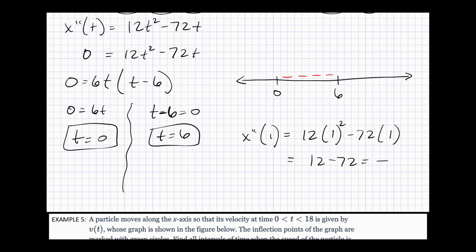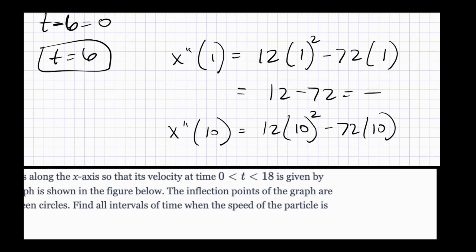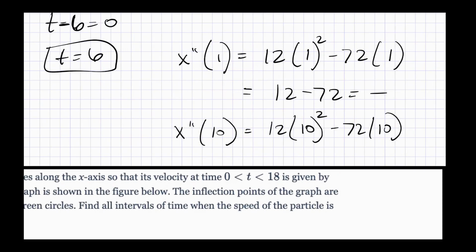Okay. Pick a bigger number, 10 again. So when I plug in 10, 12 times 100 is 1200, minus 72 times 100. 72 times 10 is just 72 with a 0. So that's going to be a positive number there.